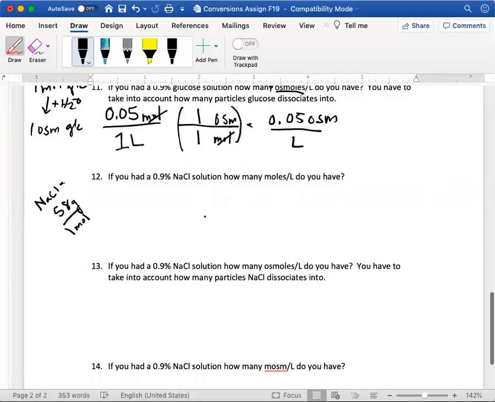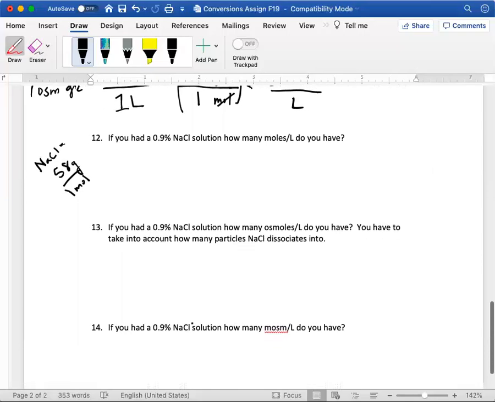Okay, let's go to sodium chloride. So you can do number 12 now on your own. Number 13 is osmoles per liter. Okay, I think for number 12, you should have 0.155 moles per liter, right?